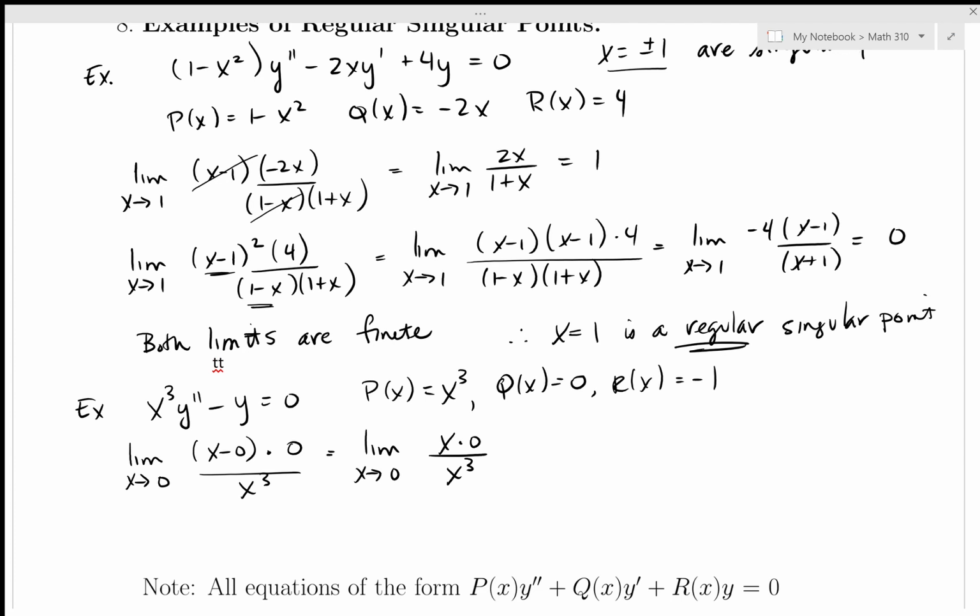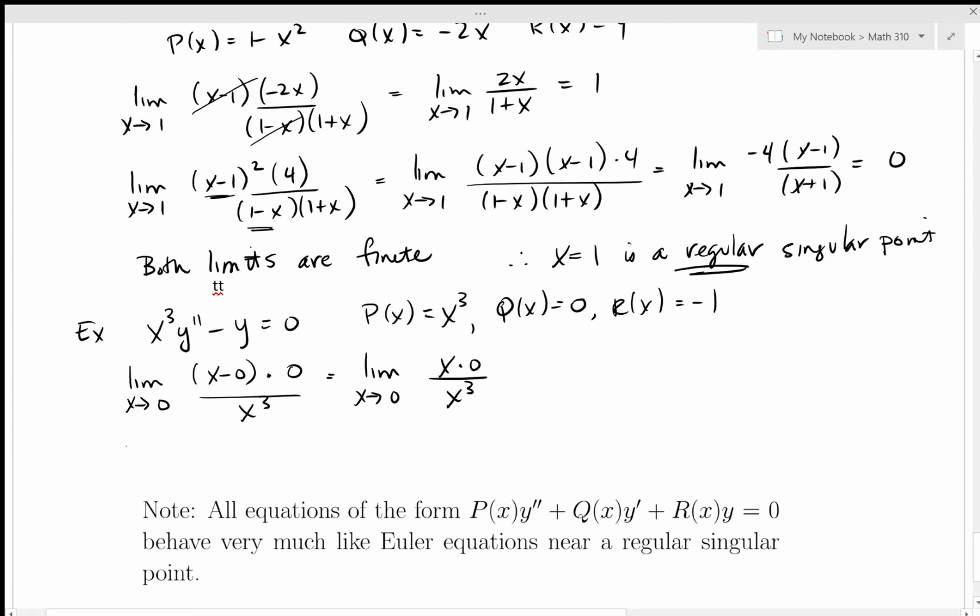What does the other limit look like? The other one is the limit as x goes to 0 of x minus 0 squared times minus 1 divided by x cubed, that's p of x.